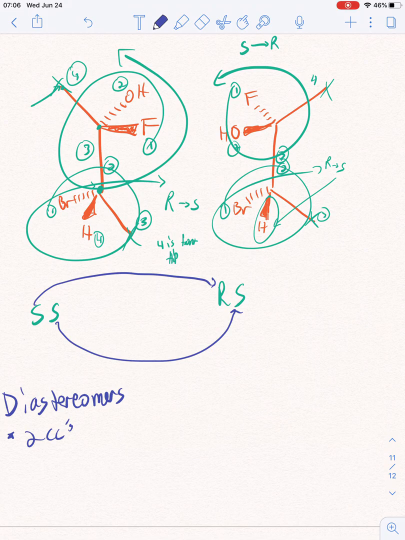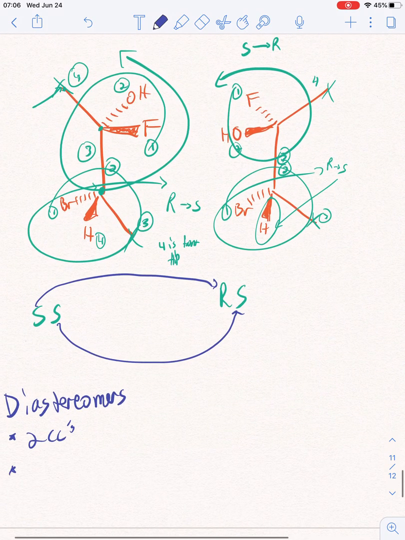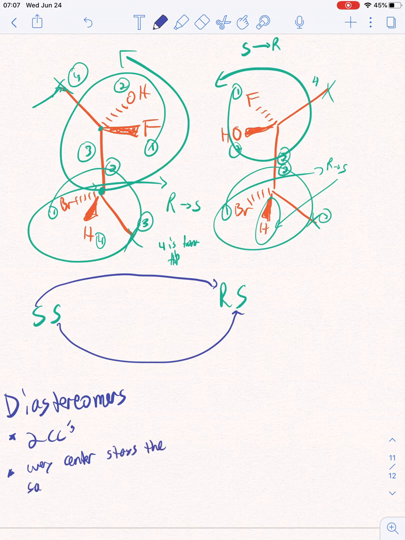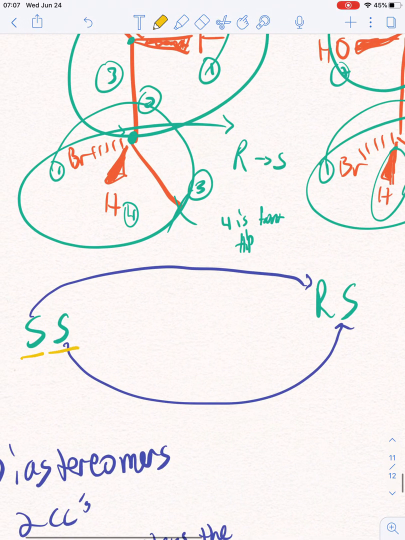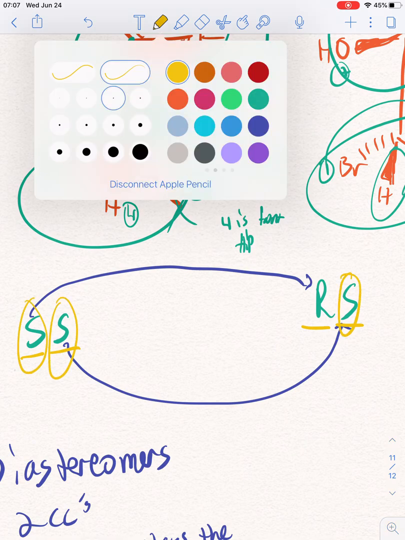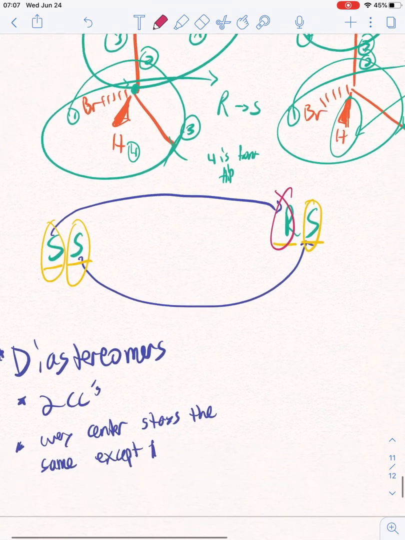But for the most part, 2 chiral centers, and every center stays the same except one, right? As in this one. It went from SS to RS. There's an odd man out, and that's this R. So that's what I mean by every center stays the same except one.